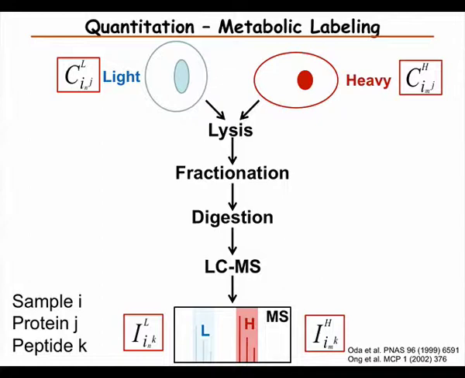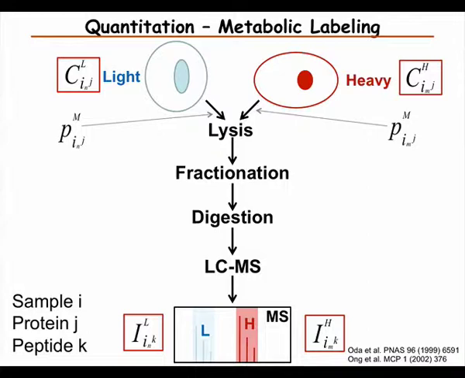So you get a few more masses on there. So then the nice thing is you mix it together, and provided that the heavy amino acids don't affect the cell culture, which they probably do a little bit, but hopefully one can ignore that, then all the other steps, everything is together so that they should behave the same way.